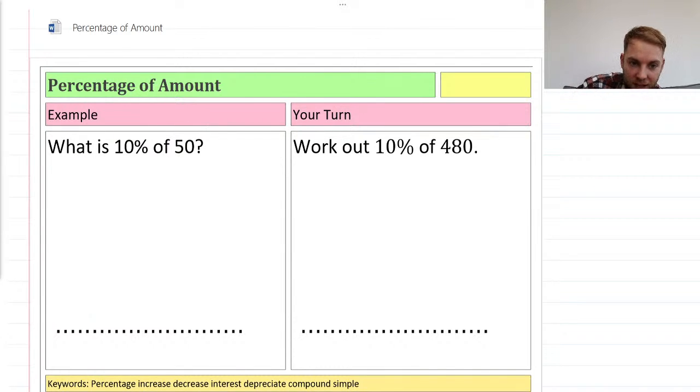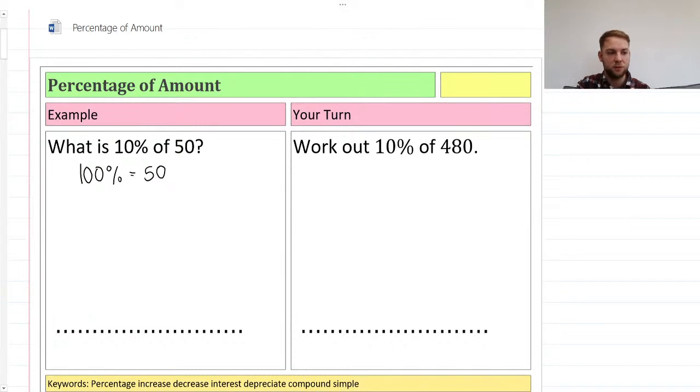Well, my 50 here represents the whole amount. So my 50 represents 100%. I know that you might think you know all of this, but it's always good to understand how we get there. So 100% is equal to 50.